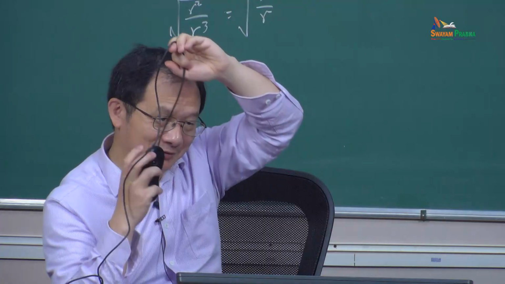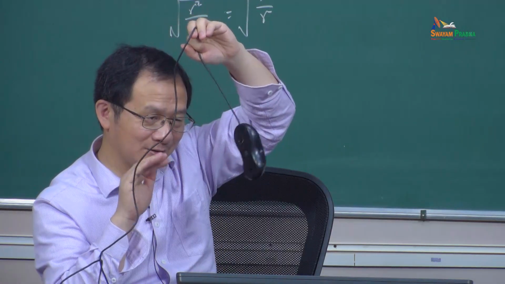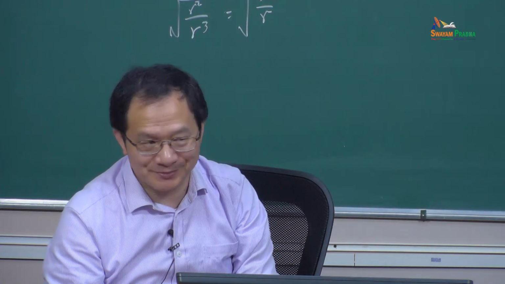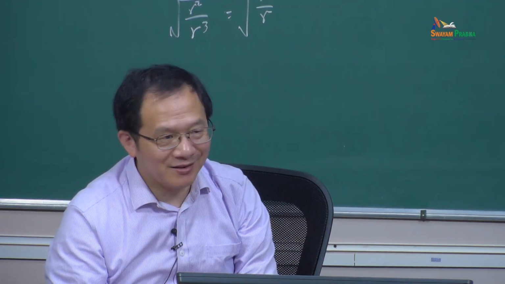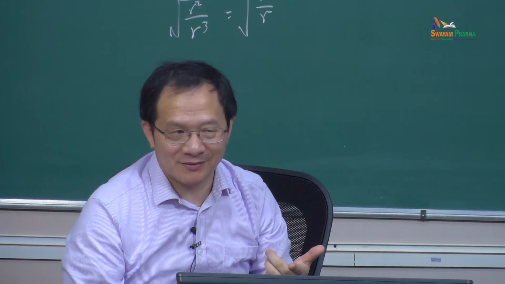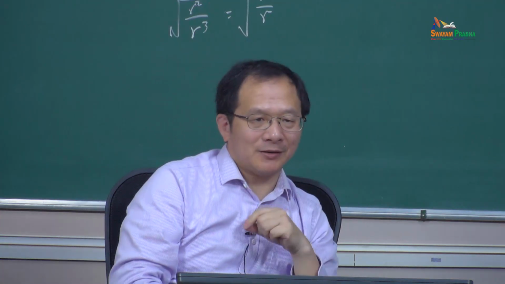Every time you have interaction, you give energy to the system, you get more power input to the system, right? Force and velocity in phase. So this is the input part.